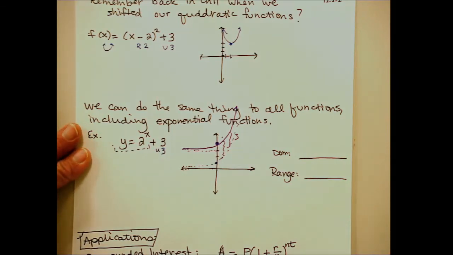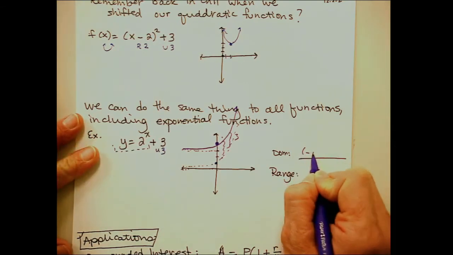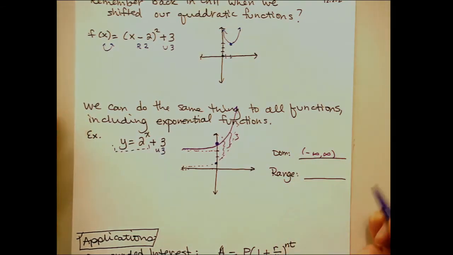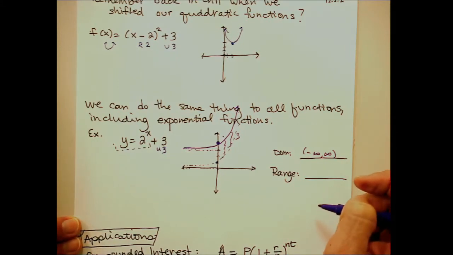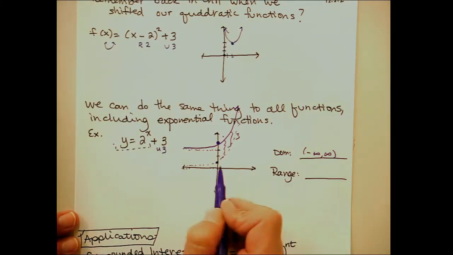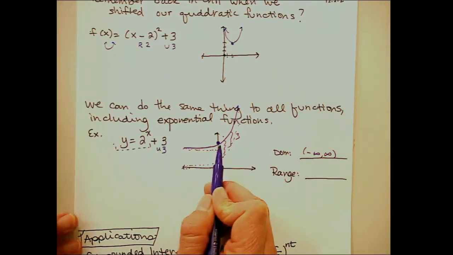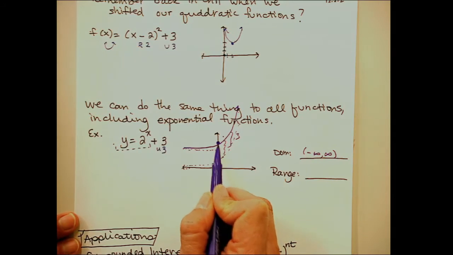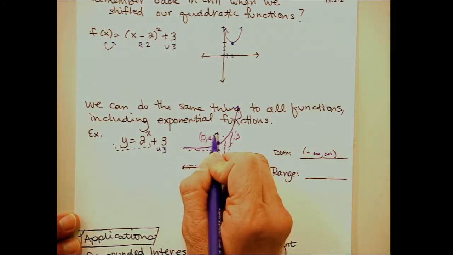All right, so what's my domain? What x's do we use? I know, it's weird, isn't it? All of them. Plug any value of x in there, it doesn't matter. What y's do we get out? I don't get a y value of 1 anymore, or 2, or 3. I do have a y value of 4. That 4 is my y-intercept.